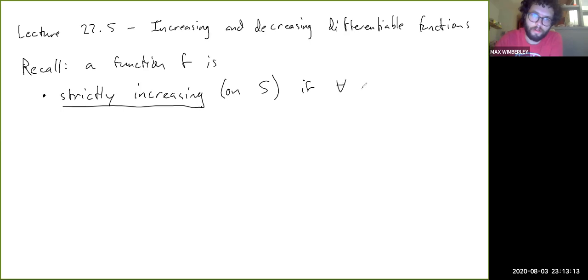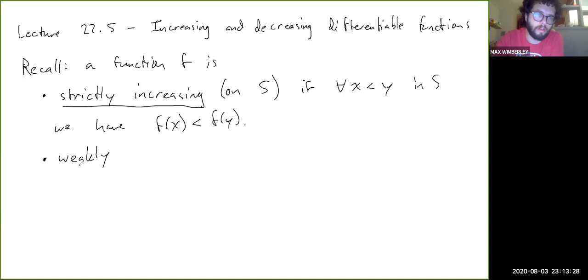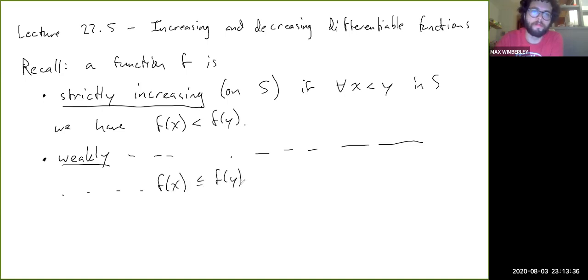If for all x less than y in S, we have f of x is strictly less than f of y. Weakly increasing if f of x is less than or equal to f of y under these conditions.